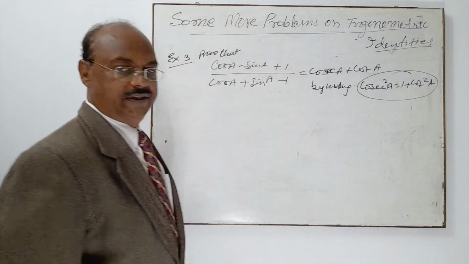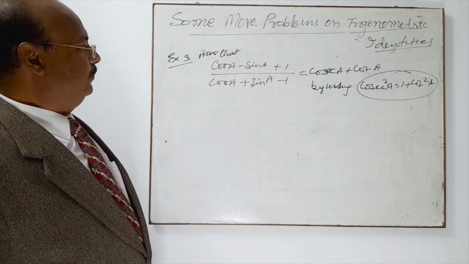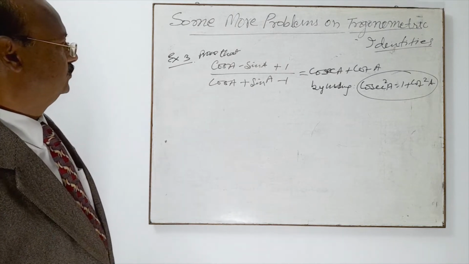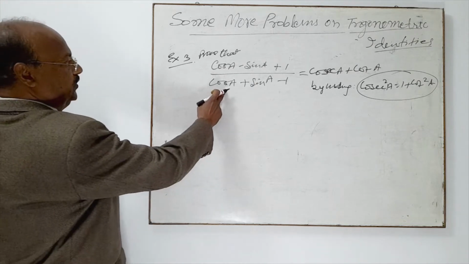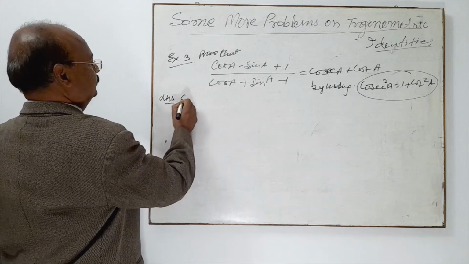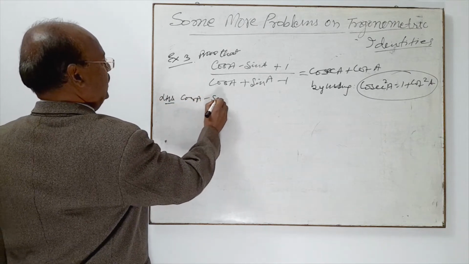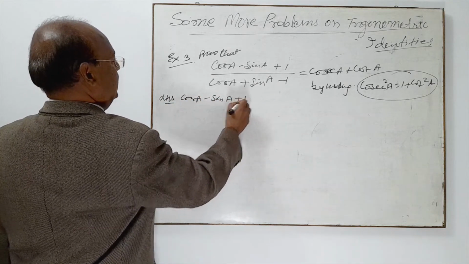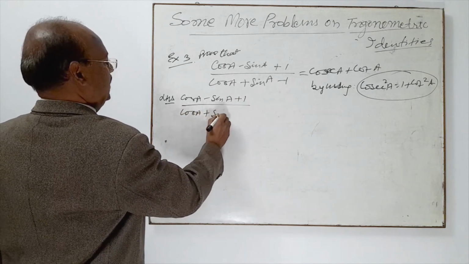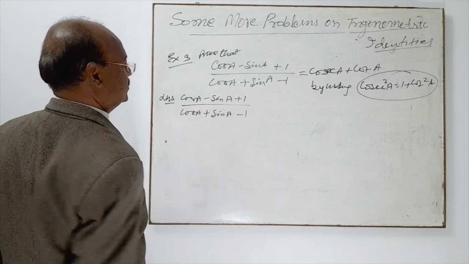It has been instructed to use this formula when we solve it. Correct? So, see, your left hand side is cos A minus sin A plus 1 upon cos A plus sin A minus 1.